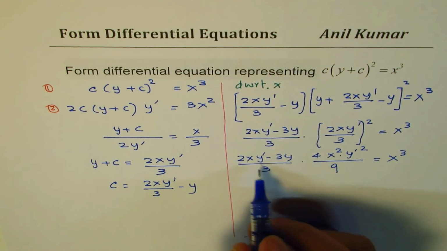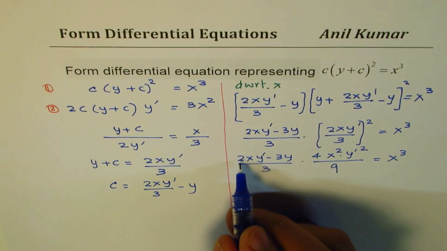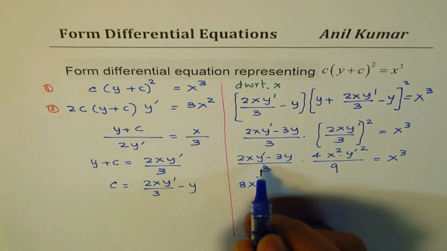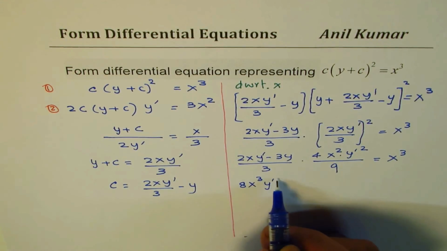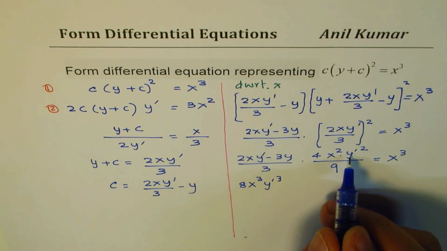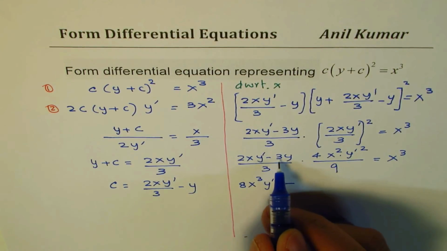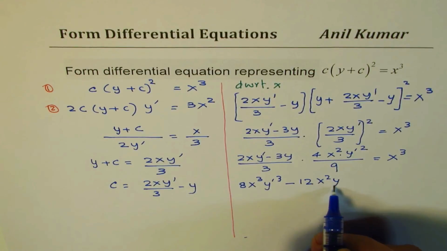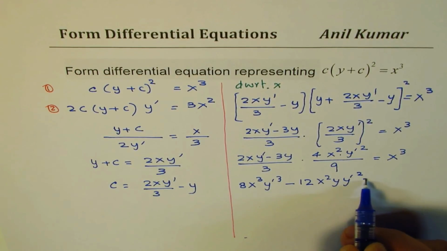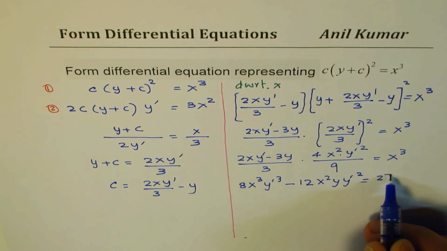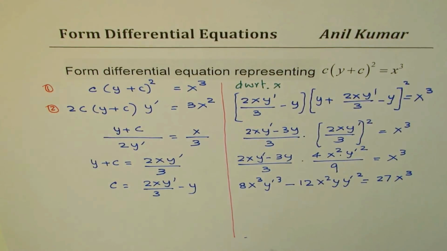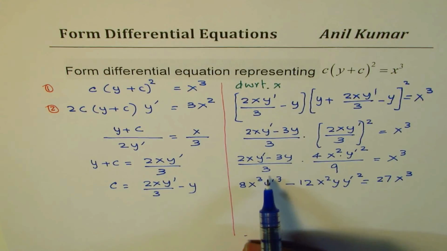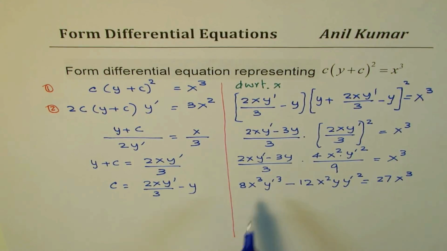What we get here is 4 times 2 is 8x cubed y prime cube, right? When you multiply this with that, minus 4 times 3 is 12x squared y prime squared, equals 27 times x cubed. Correct?